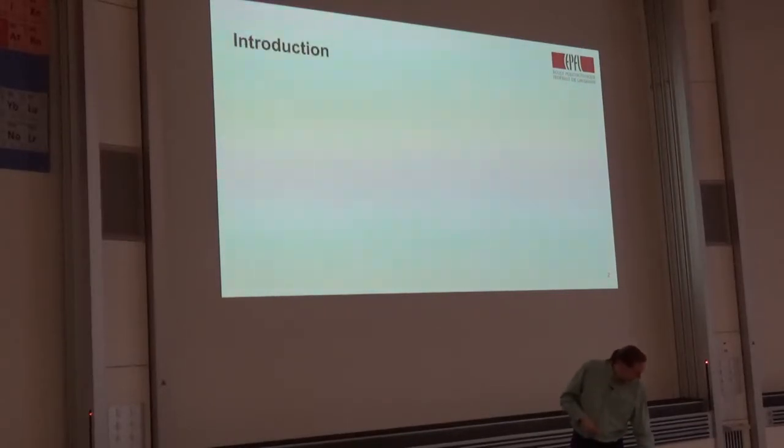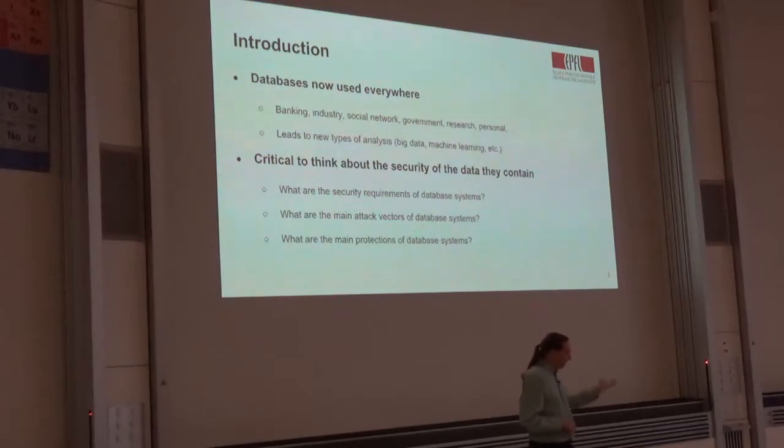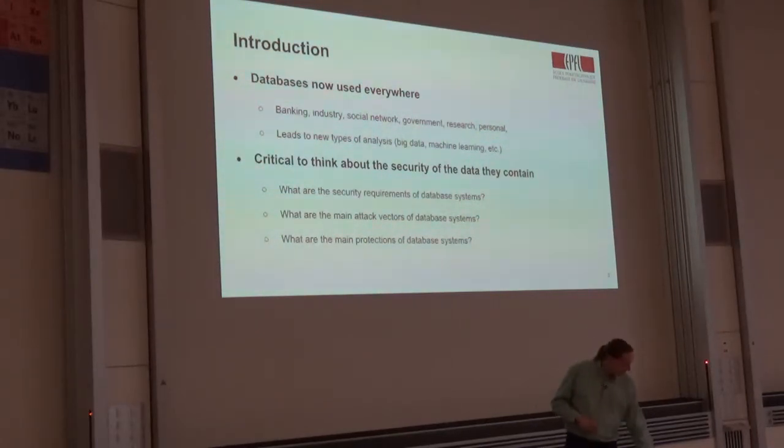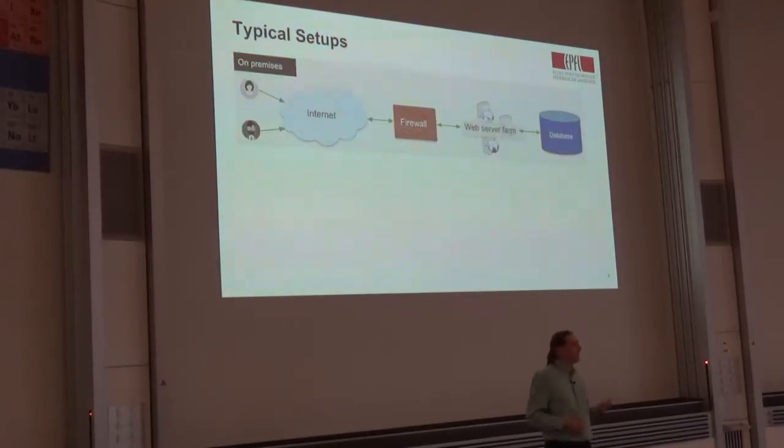So, okay, basic introduction. Databases are used everywhere in every industry, but we need to carefully consider the security of the databases and the data they contain and the different attack vectors and ways we can protect them. There are two main standard ways to view databases as they tend to exist in the internet connected world.